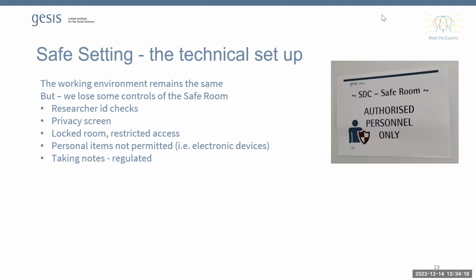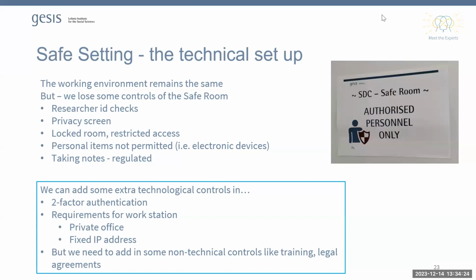So some of the things in terms of the technical development that we've been looking at is we can add things like 2-factor authentication. We can add requirements for people's workstations. So, for example, in the UK, generally researchers have to have a private office, or they have to demonstrate if they share their office, their screens are not going to be overlooked by people walking past. These kinds of things.